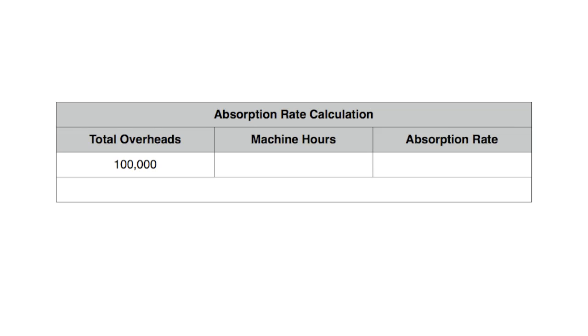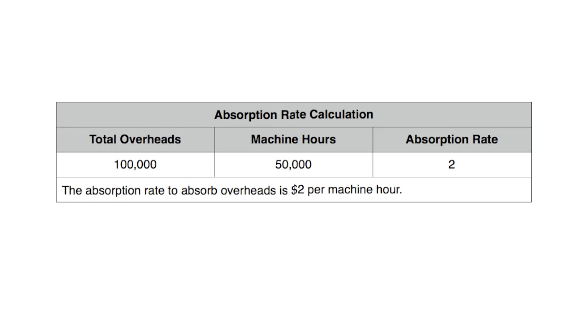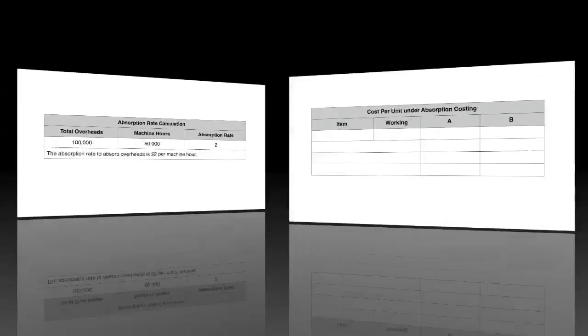In this question, we have 100,000 of total overheads. The total machine hours are 50,000, so that gives us an absorption rate of 2. So the absorption rate used to absorb the overheads is going to be $2 per machine hour.